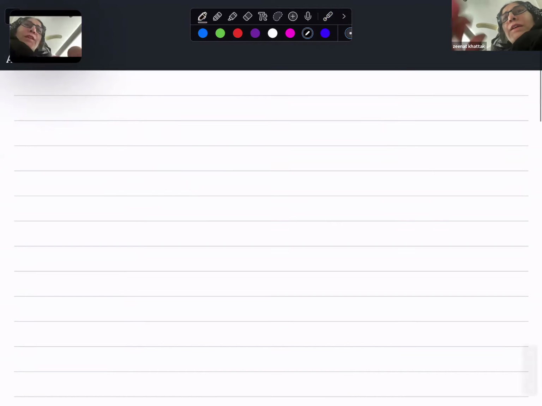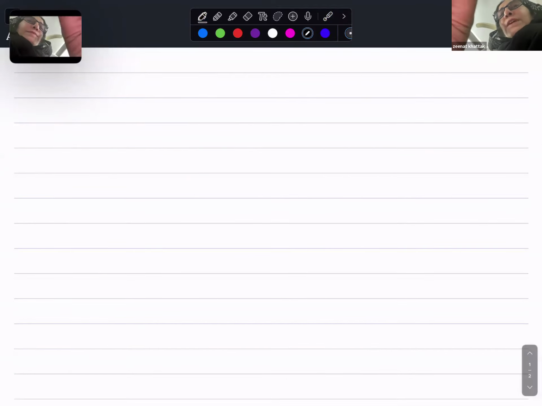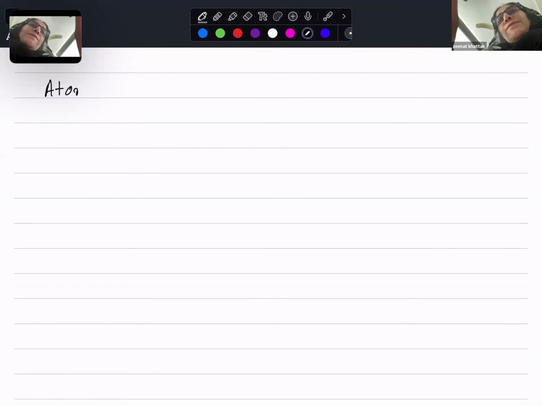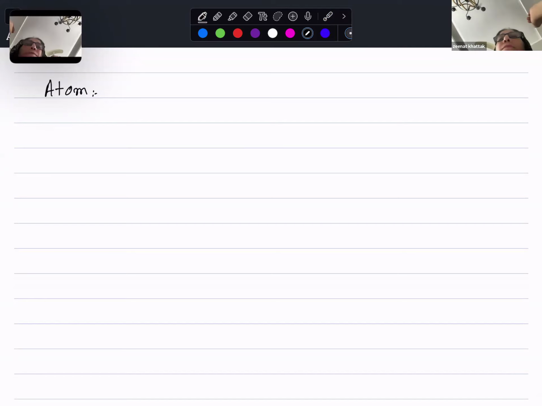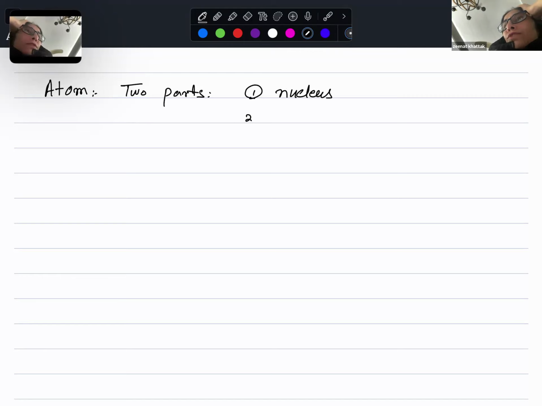Okay. Atomic structure. The first thing is atom. Now, atom has two parts. And what are the two parts? Nucleus and shells. I'm using the same words as O levels.